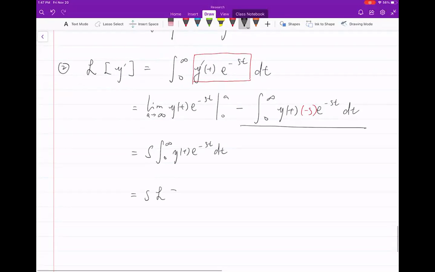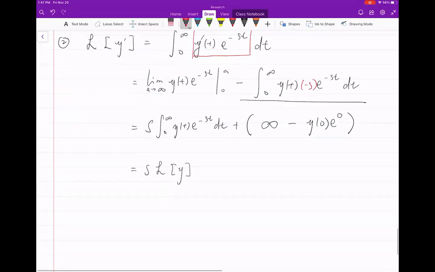That is just the Laplace transform of the y without the derivative. Okay. What do I want to put here? I want to put what happens at infinity minus what happens at 0. So this term is pretty nice. I just want to put it here.